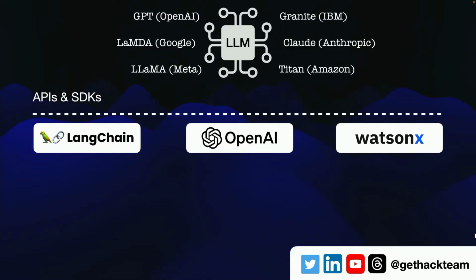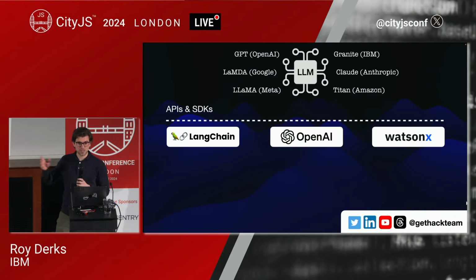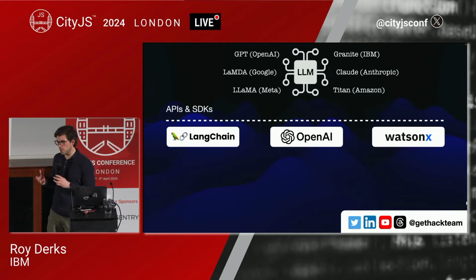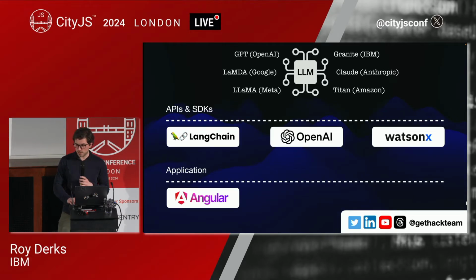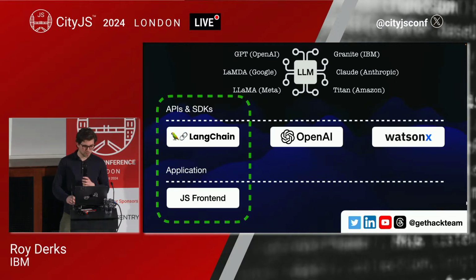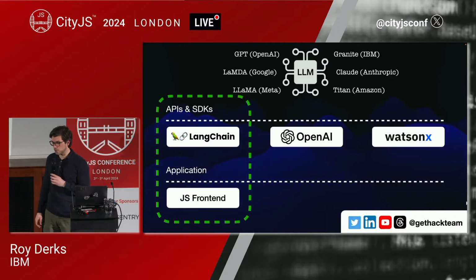But today I'll be showing you how LangChain works, and LangChain is actually a collection of SDKs, or it's one SDK, but it's an SDK that has a collection of functions to interface with these models and a lot of abstractions, so you don't need to build all these nitty-gritty details yourself. So we'll be using some LangChain, and then we'll be using this in a, not an Angular application, but basically any JS front end you can imagine.